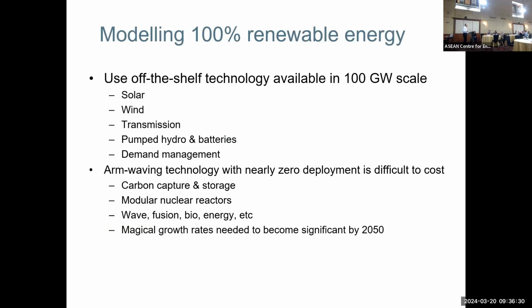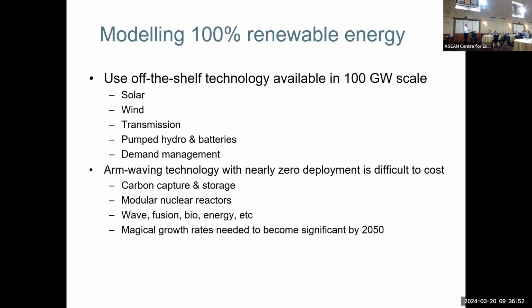All right, so now we come to modelling. Before you build any storage, you need to find out how much you need. And for that, you need high resolution modelling. So you can do short listing of pump hydro sites, but that should be in parallel with high resolution modelling of 100% or 90% renewable energy systems.